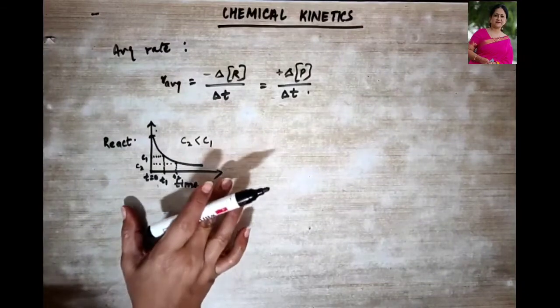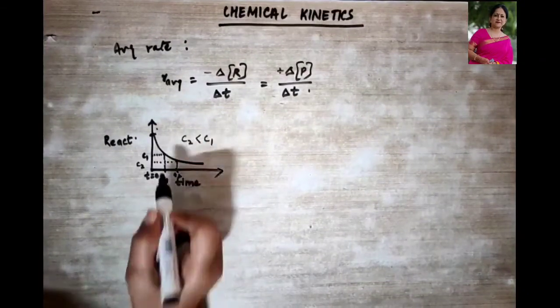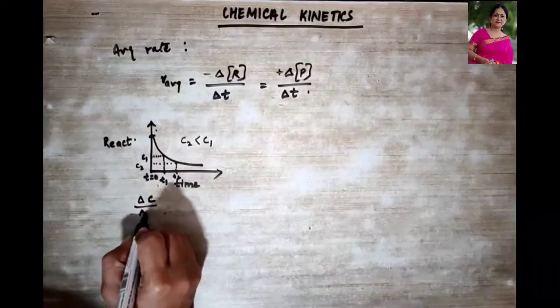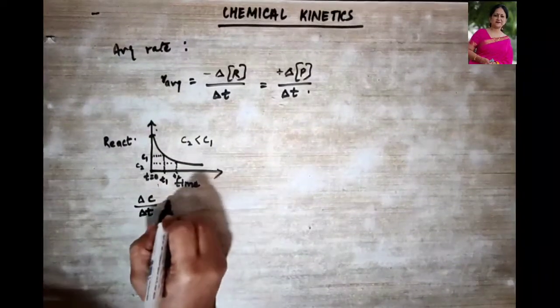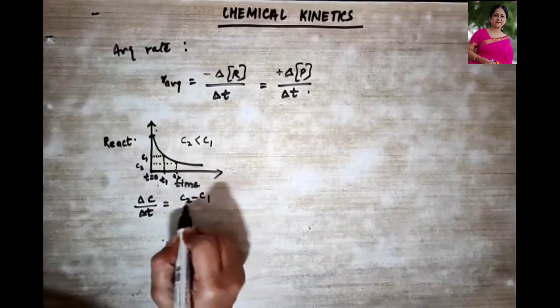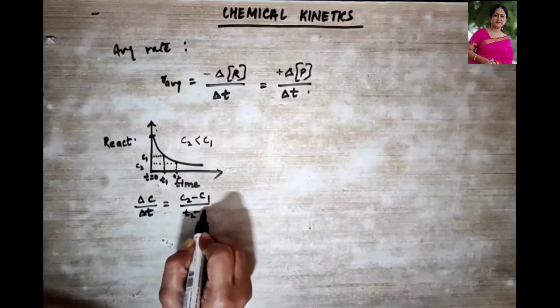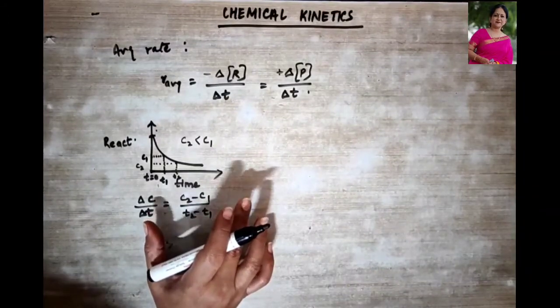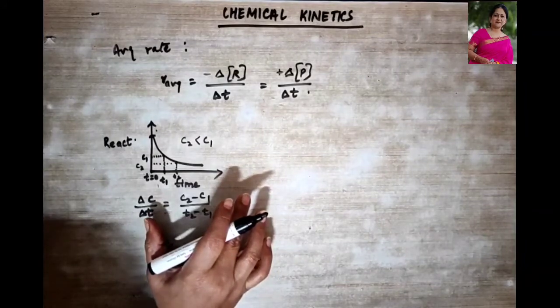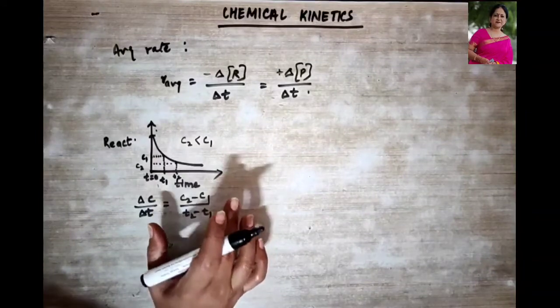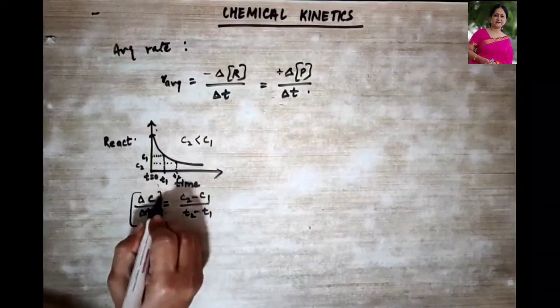Over here we can say that the rate of change of concentration, that is delta C upon change in time, is equal to what? C2 minus C1 upon T2 minus T1, right? Now since rate of reaction is never negative, what do we do?